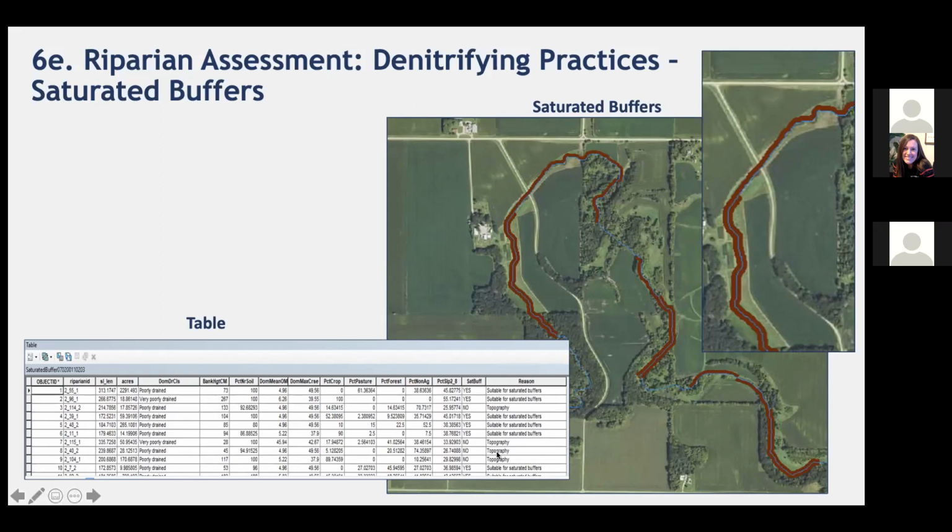That also provides a clue for why those might not be considered, and would be another important point to go out in the field and actually see if that site is not suitable, or if there's something that might be done or amended to place that saturated buffer there.